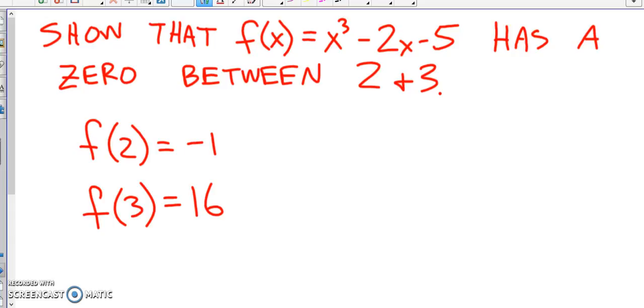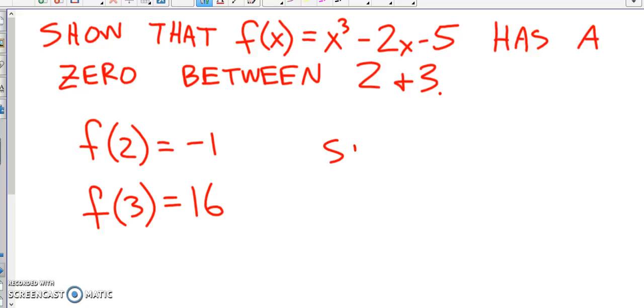So, because one of those is negative and one of those is positive, 0 lies between those two function values, right? And so, as a result, that means that somewhere between 2 and 3, f of x is equal to 0.